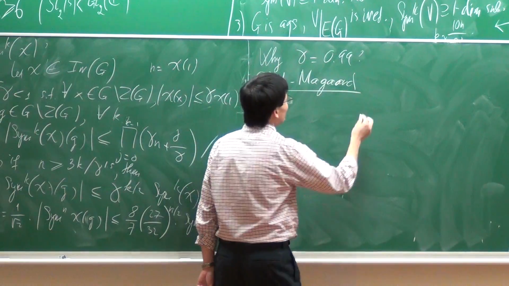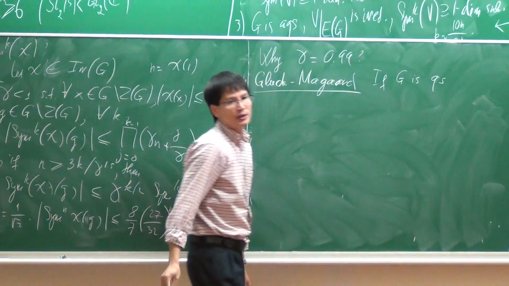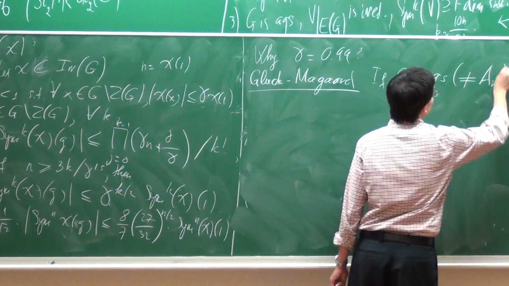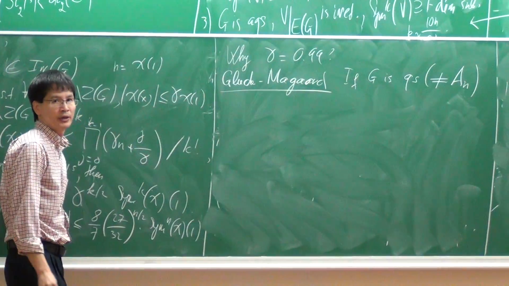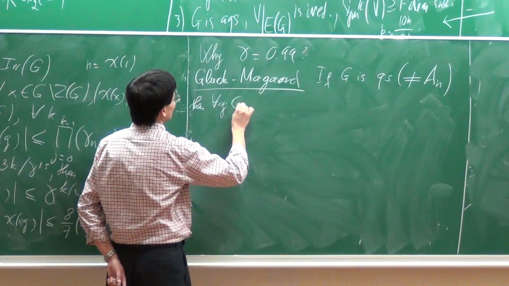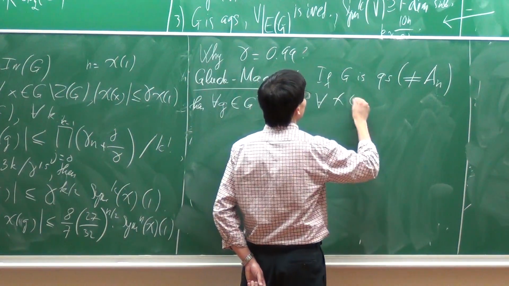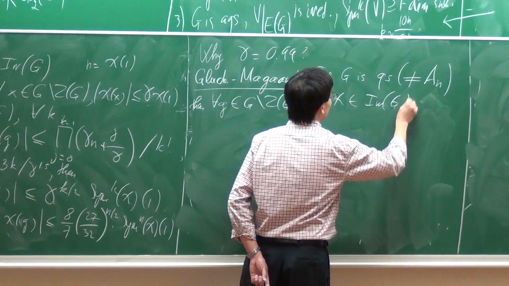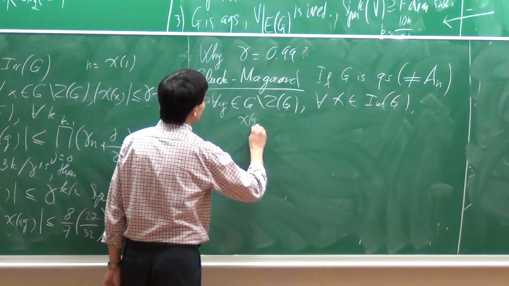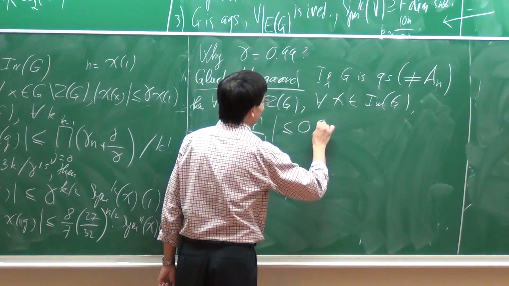We say that if your G is quasisimple and not A_n, not the alternating group, then for any non-central element, and for any pi, you can show that the character ratio is bounded by 0.95.